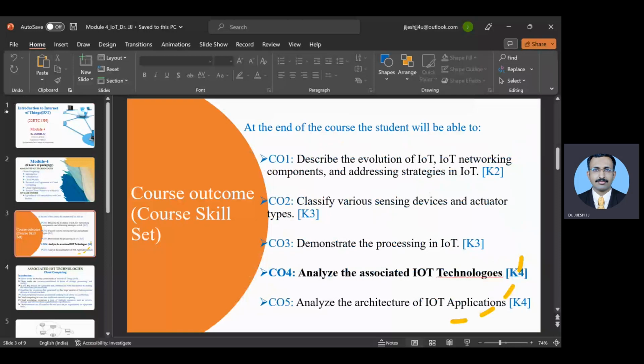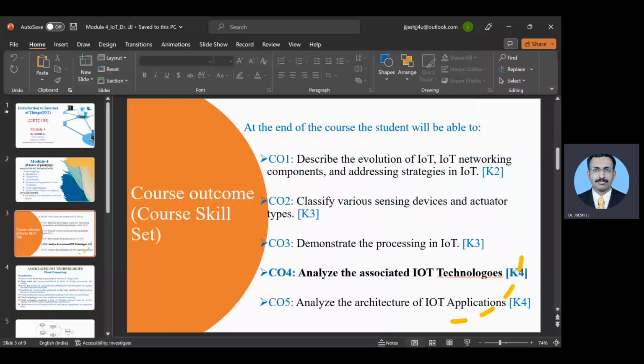What was CO3? Demonstrate the processing in IoT. We have also recently completed the design process, how the design process of an IoT takes place, and what key features you have to keep into consideration. All those things we discussed in module 3. Now module 4 will be on CO4. What we are going to discuss further is to analyze the associated IoT technologies.